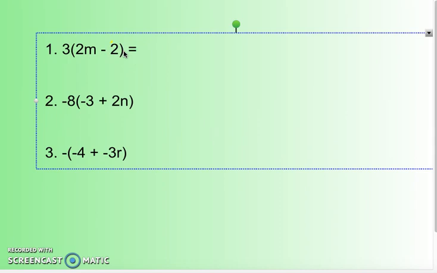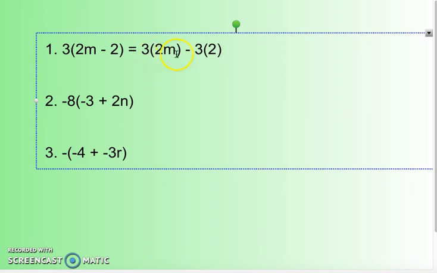We have 3 on the outside, then we have 2m minus 2. Well, same as before, introduce the 3 to the 2m, and then there's a minus in between them, and so I'm going to put that down, and then there's a 3 times 2. Basically, the 3 is next to the 2, next to parentheses, it just means times.